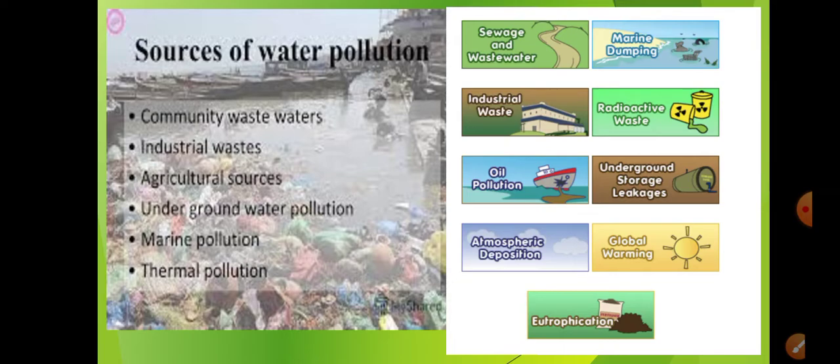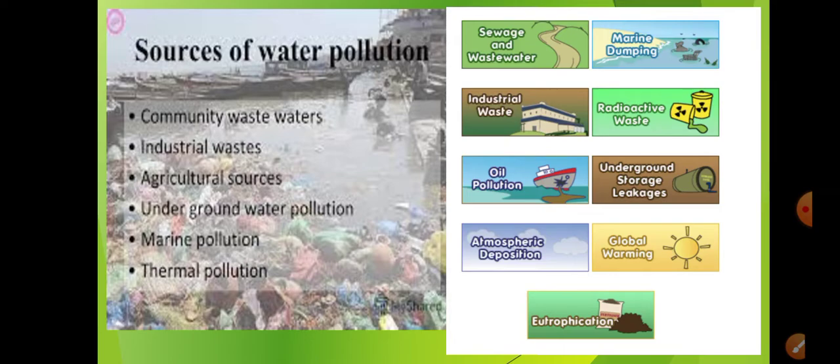Okay, so under sources of water pollution we can see on this next picture: sewage and wastewater, the waste coming from the homes and all. Marine dumping, as you can see from the picture itself, like the example I gave you of the Mahananda river, where we can see a huge number of plastics, even clothes and all those things dumped into the water body. Next is industrial waste.